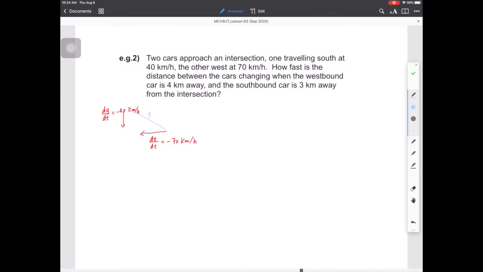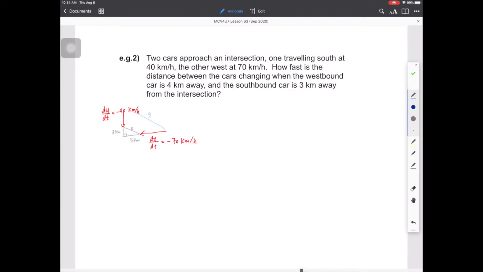Until these cars move closer to the intersection, when the westbound car is 4 kilometers away and the other one is 3 kilometers away, like here. Okay, we can see that the distance between the two cars is shrinking.